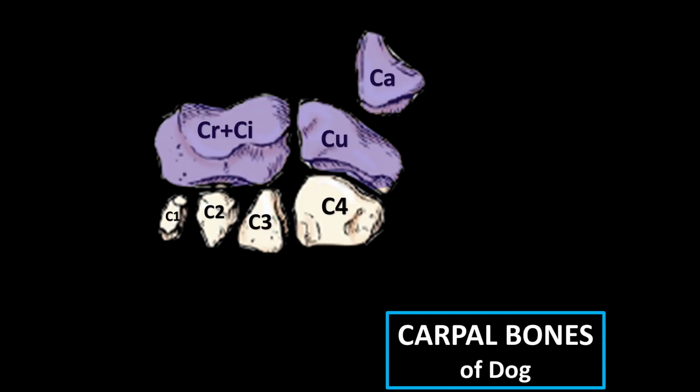We have discussed that the proximal row contains 3 bones: the intermedioradial carpal bone, ulnar carpal bone and accessory carpal bone. The intermedioradial carpal bone is formed by the fusion of the radial and intermediate carpal bones in the case of the dog. That is important to understand and remember. The distal row contains 4 bones that are named on a numerical basis, and the numbering starts from the medial to lateral. That's all about the carpal bones.